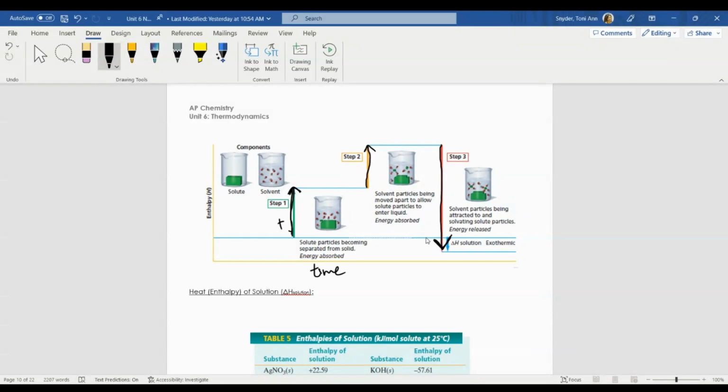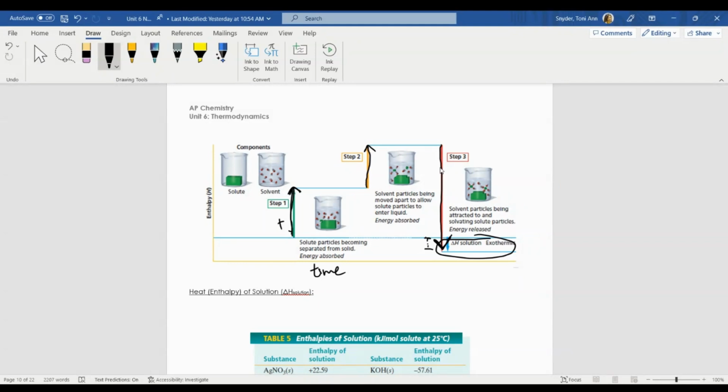So right here, I have a difference between the energy that's absorbed versus the energy that's released. Because this particular dissociation released more energy than it absorbed, this heat of solution will be negative. This is an exothermic process.